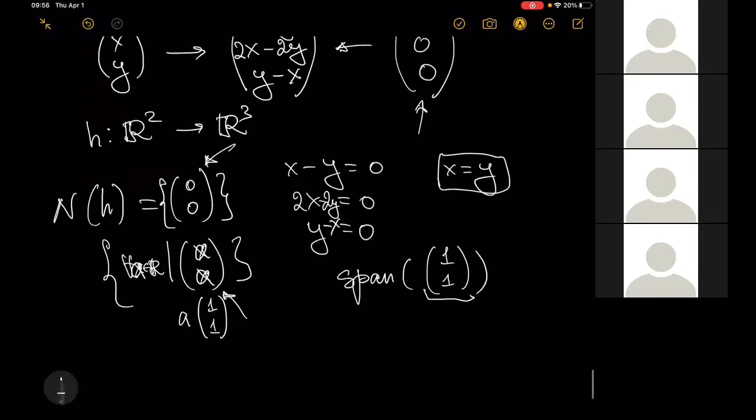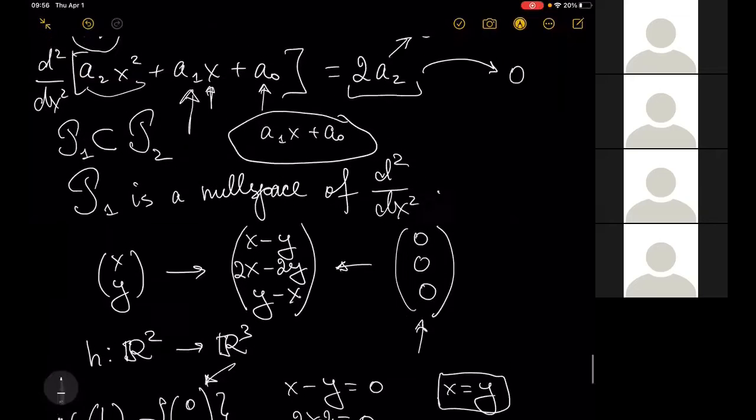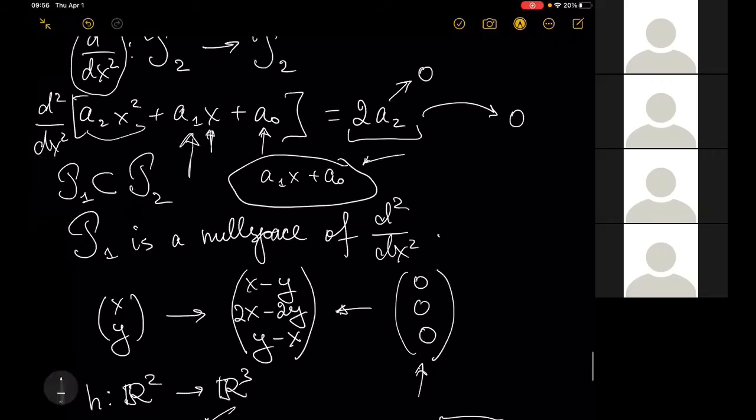So, Professor? Yeah, go ahead. Here, for example, let us talk about this. What is the dimension of the nullity in this case? Should be 2, right? Because the basis is x and 1, right?